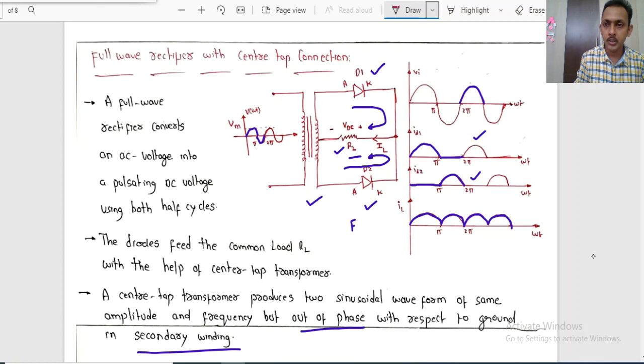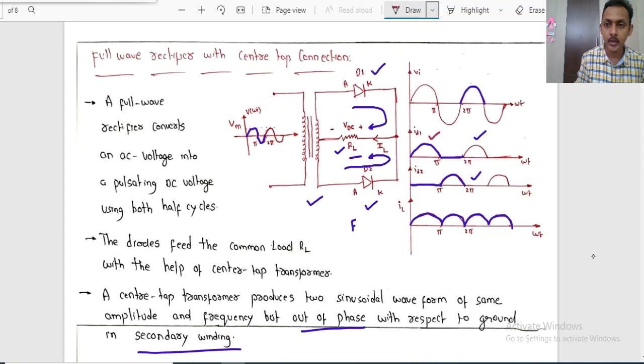From this waveform, during forward bias mode of the diode D1, the current flows only within the period 0 to pi, and pi to 2 pi it is 0. Similarly for diode D2, during positive half cycle it will be reverse biased, no current flows. During negative half cycle there will be conduction within the limits pi to 2 pi, right?